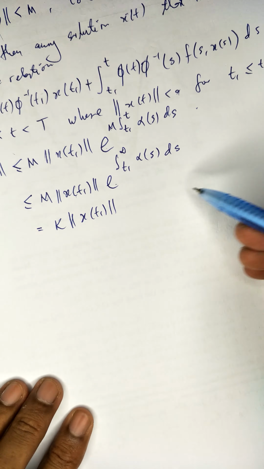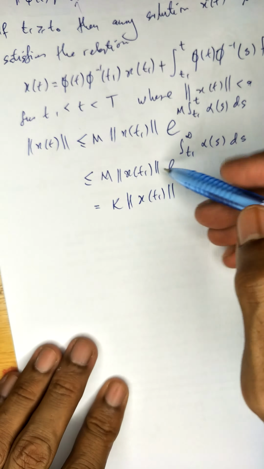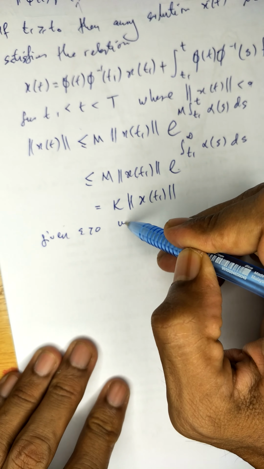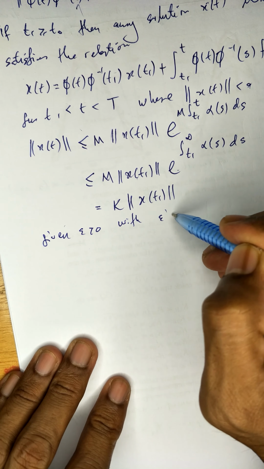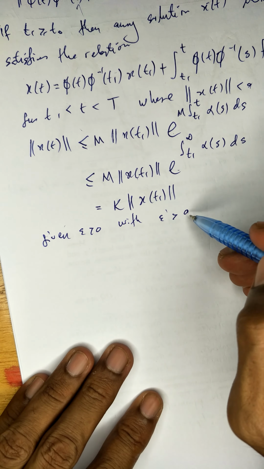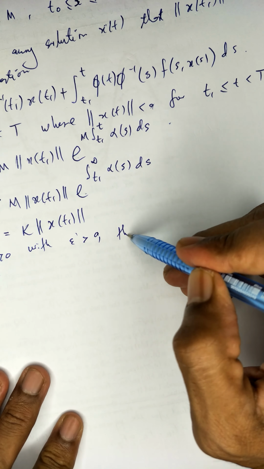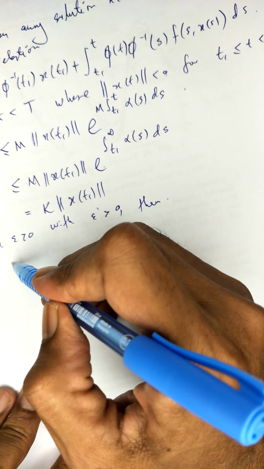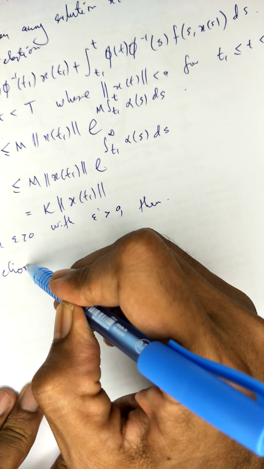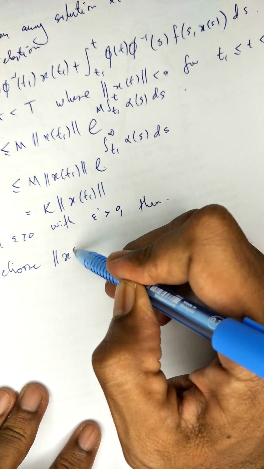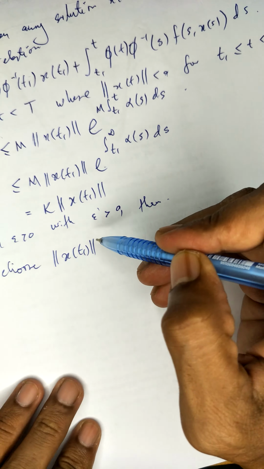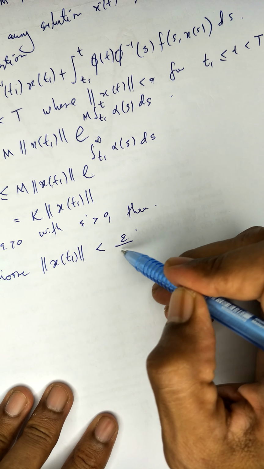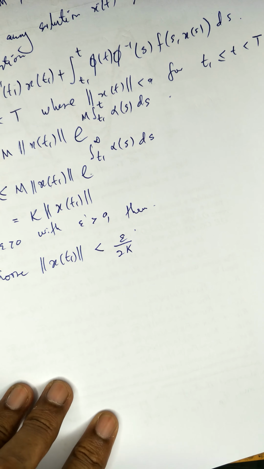Now given epsilon greater than zero, we may choose x(t1) such that its norm is less than epsilon over 2K.